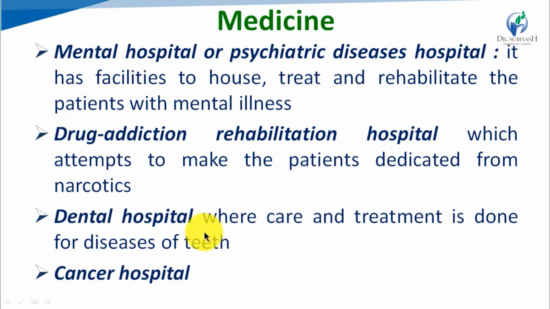Then for dental care there should be the dental hospital, where care and treatment is done for diseases of the teeth, and then the cancer hospital. All these hospitals come under medicine. Here the medicine is provided first by expert doctors, and only if surgery is required is the surgery initiated.